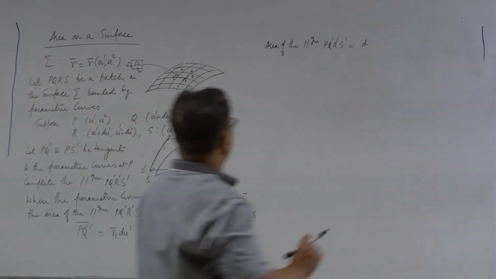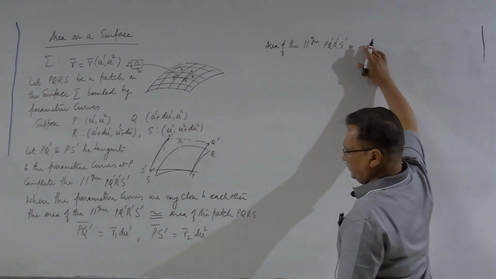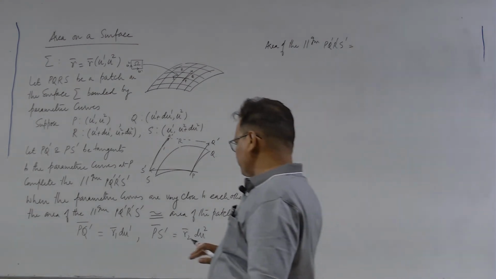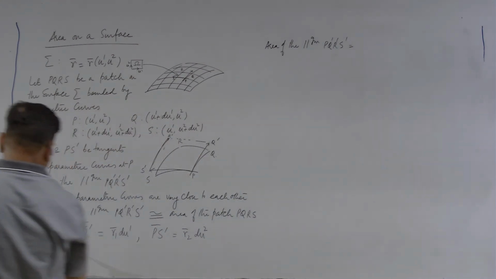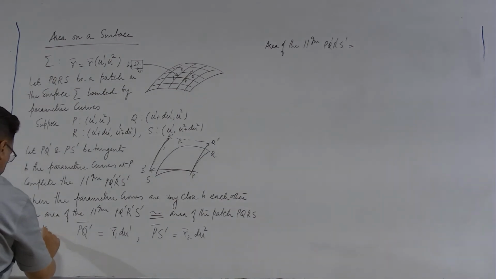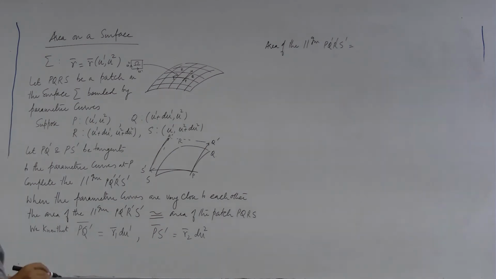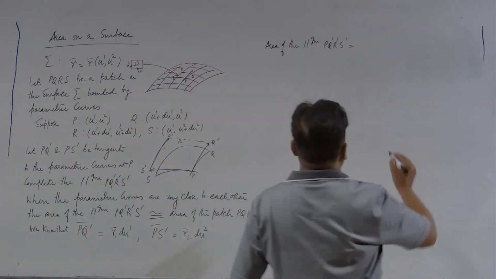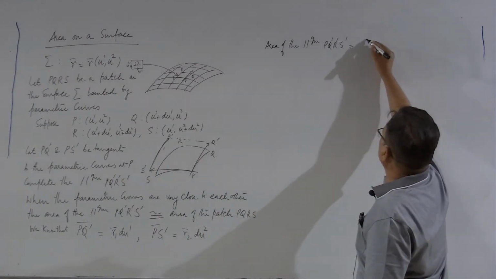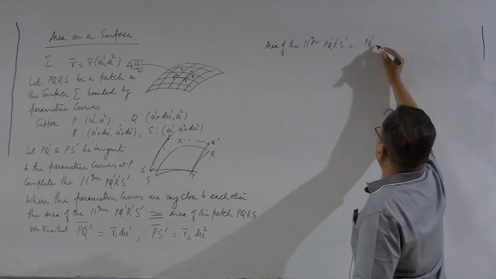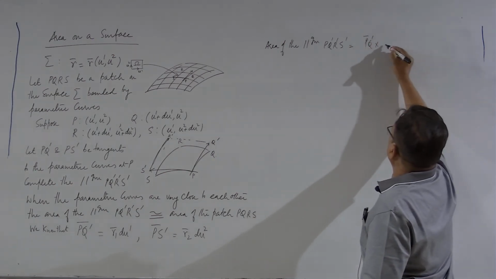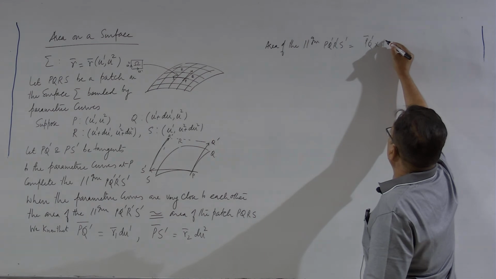So, the area of the parallelogram must be equal to, we know that, the modulus of the cross product of P Q dash and P S dash.